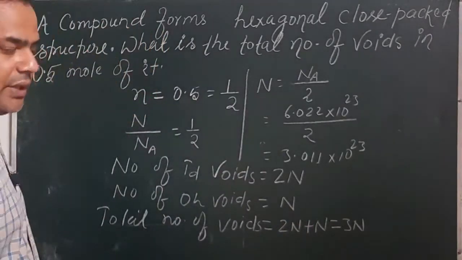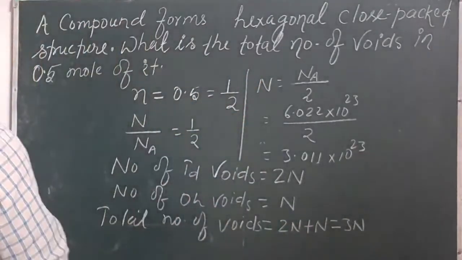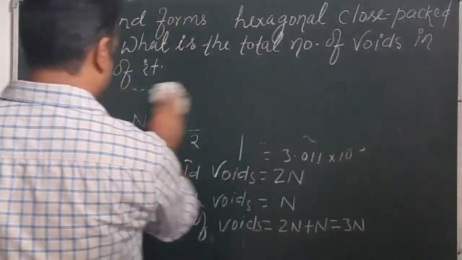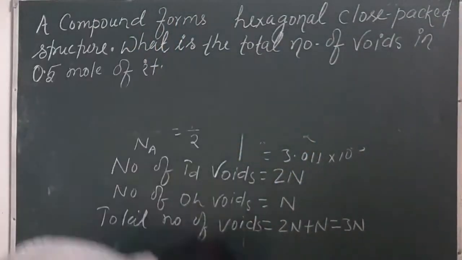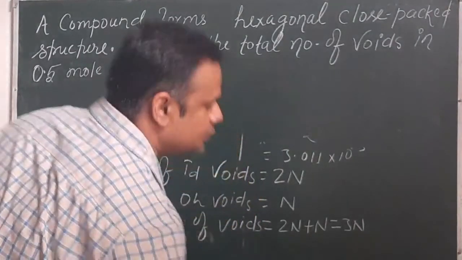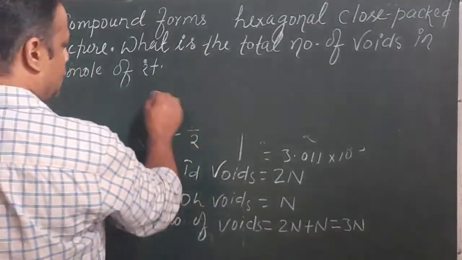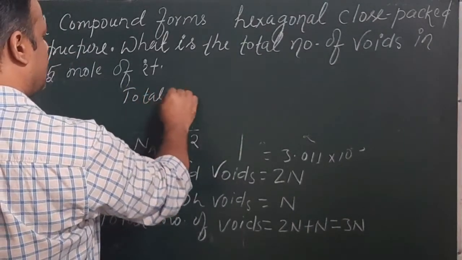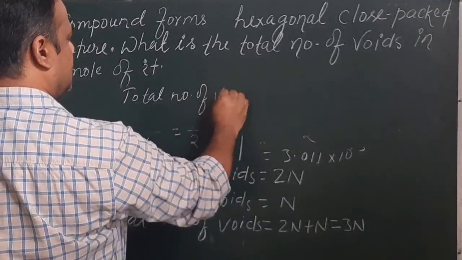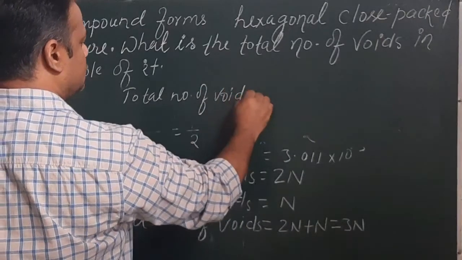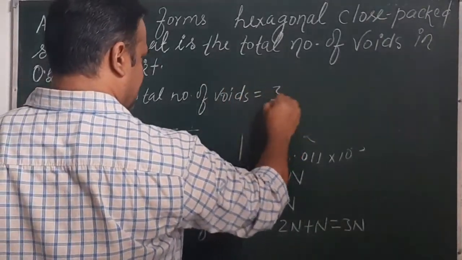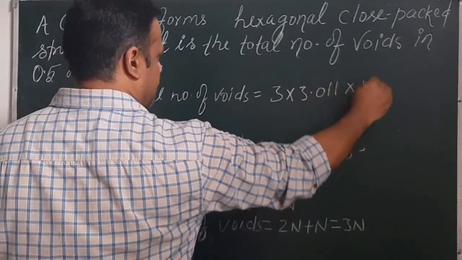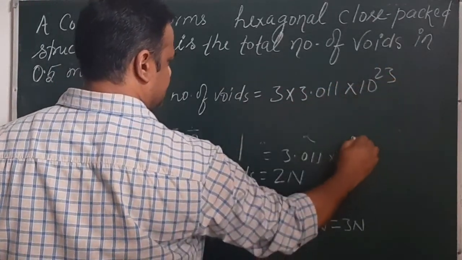So now we can calculate this. Total number of voids will be equal to 3n, and in place of n we will write 3.011 into 10 to the power 23.